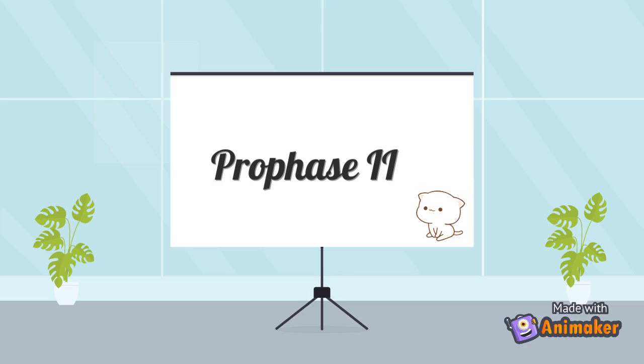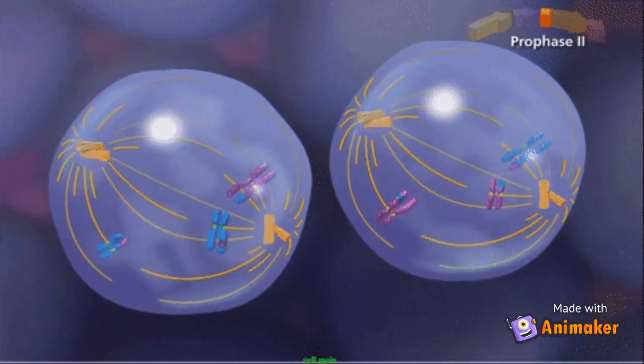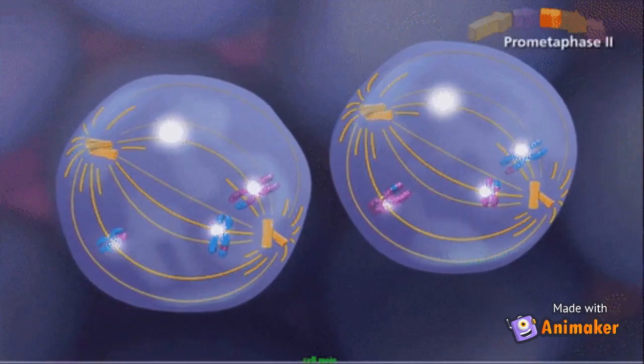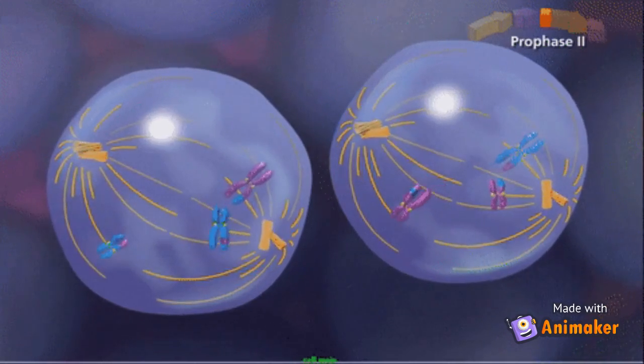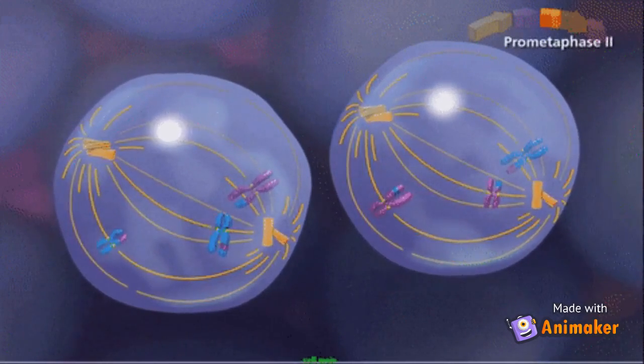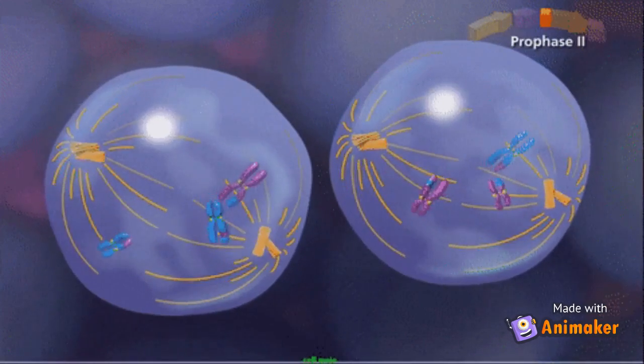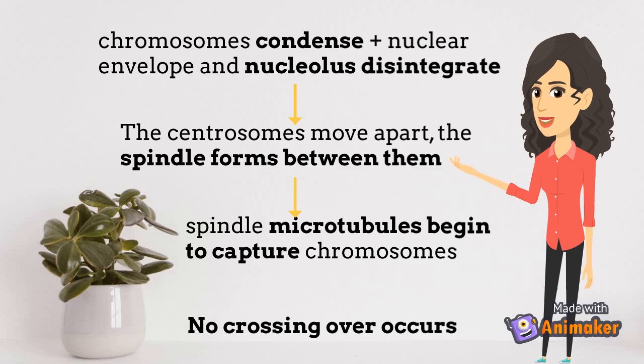So let us begin with the first stage of Meiosis 2, which is prophase 2. You can take a look at this short 10 seconds of animation on what happens in prophase 2. Basically in prophase 2, the chromosomes will first condense after Meiosis 1 and the nuclear envelope and nucleus will disintegrate.